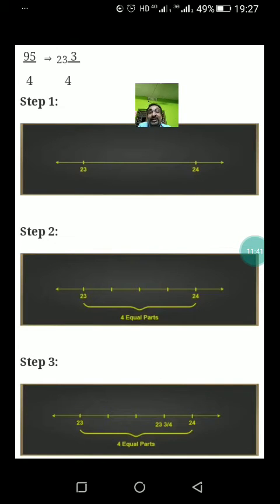Hence, we draw a straight line and first mark 23 and, on the right side, 24. After this, the region between 23 and 24 we divide into 4 parts. Now we go further on the right side 1, 2, 3 and we get 23 and 3 by 4.